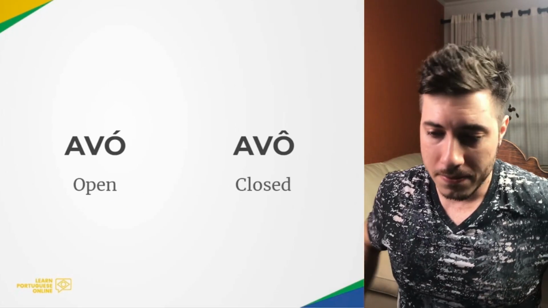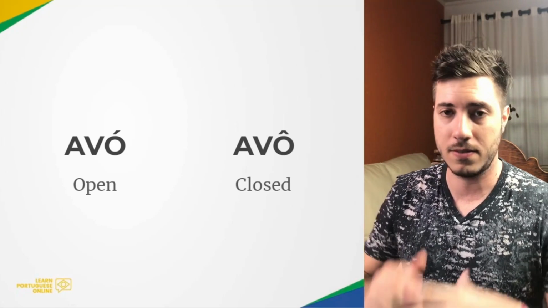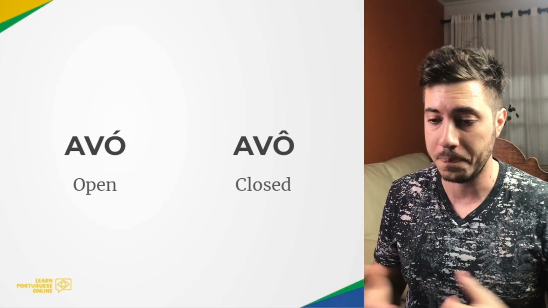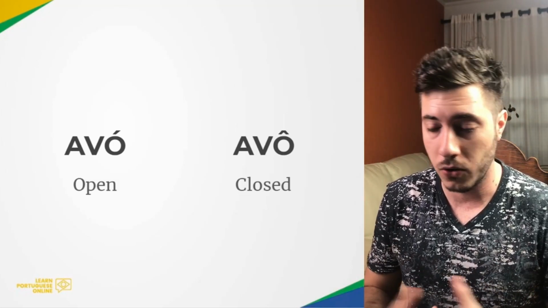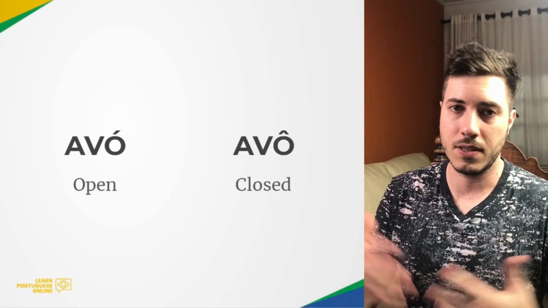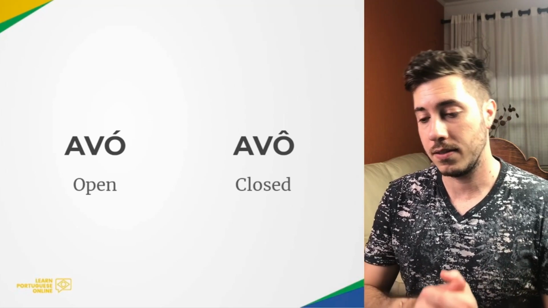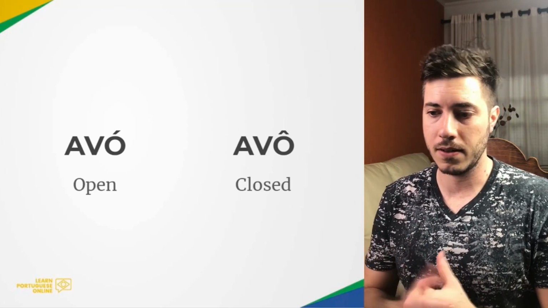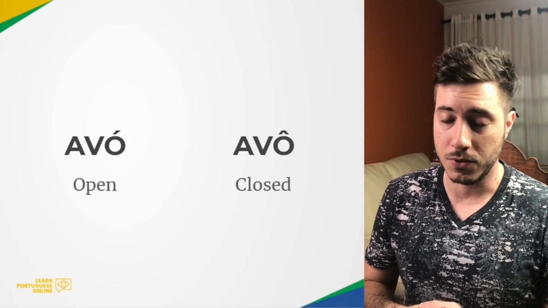So just to recap, let's take a look at the differences in these two types of O. The first one to your left is the open O sound, which you can find in avó, and we just say it like that. It's just like the short O, avó. And the second one, the one to your right, is the closed O sound, and that sounds like Yiddish.